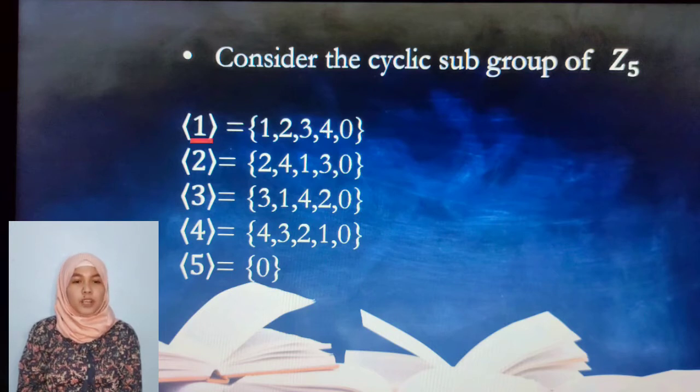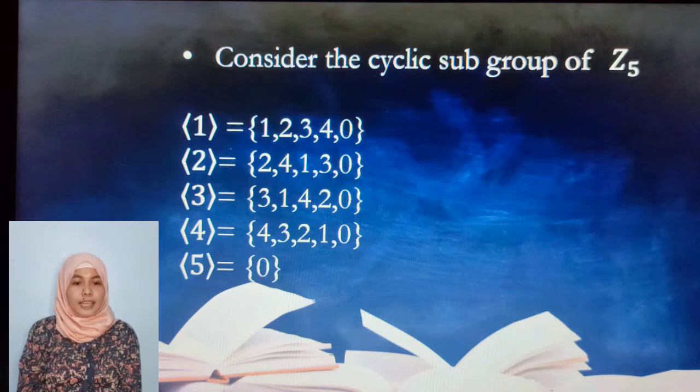I start with 1 and add 1, that is 2. Add 1, that is 3. Add 1, that is 4. Add 1, we get 5. But 5 mod 5 is 0. So we stop here since we already have the identity element 0.